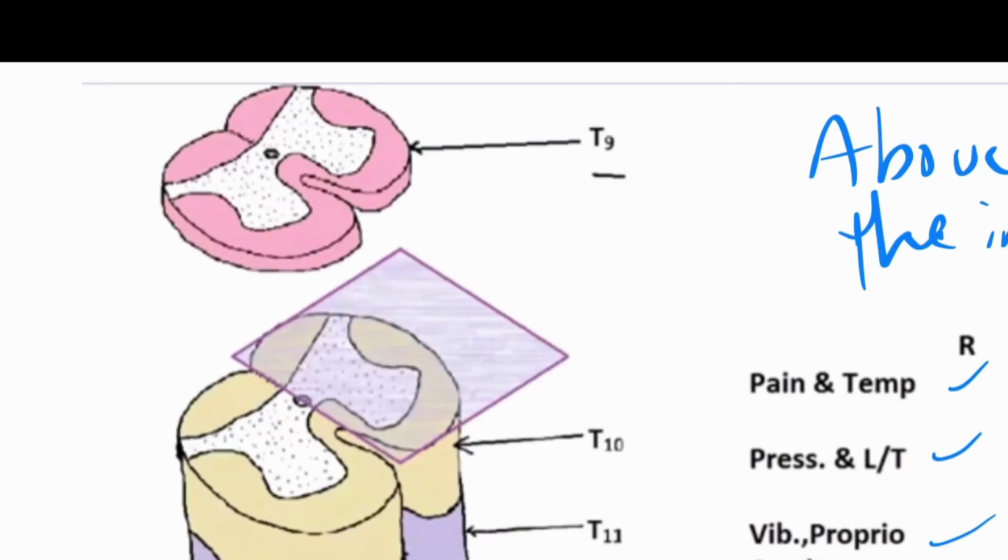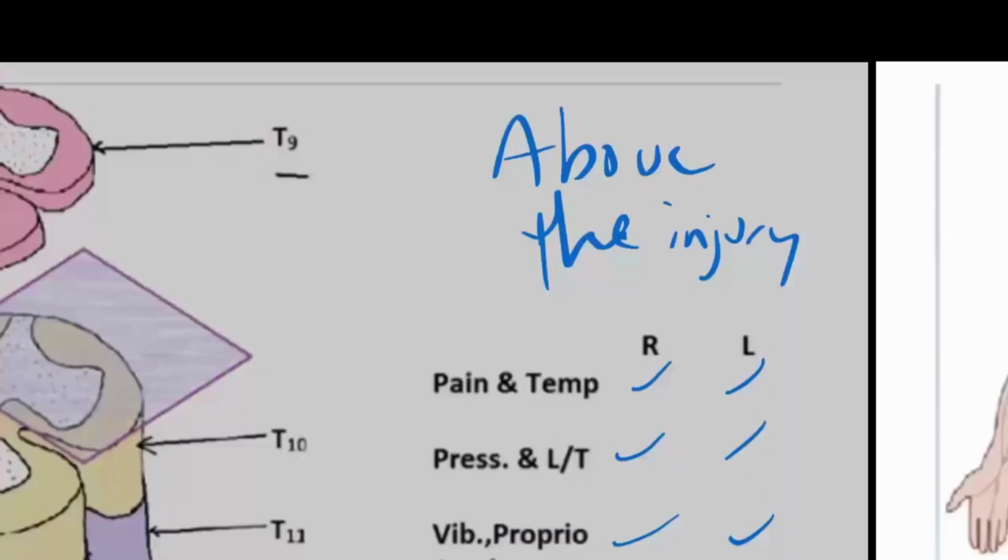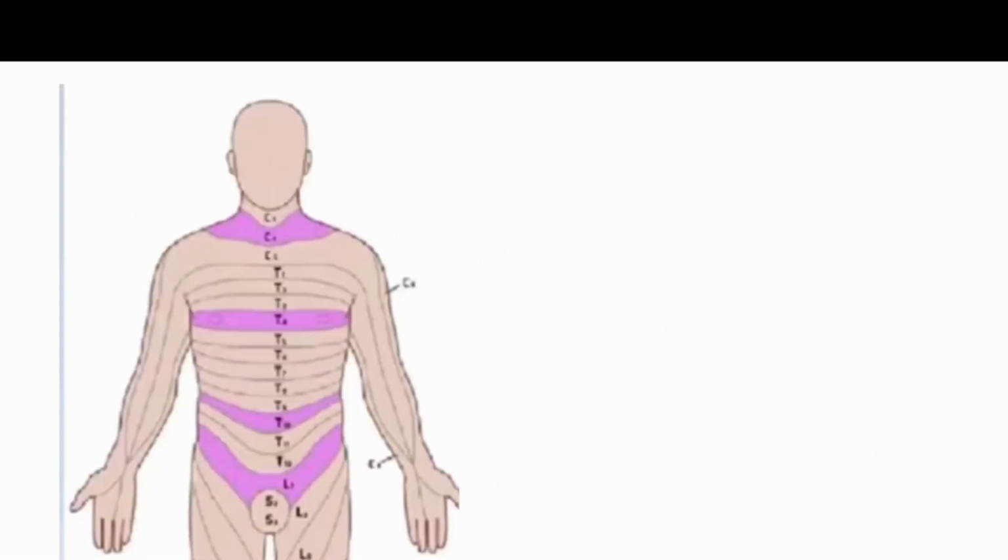So let's put it all together, and we have our guy here with our dermatomes. We know that our issue is at T10, which is right here. Okay, that's where our injury is.